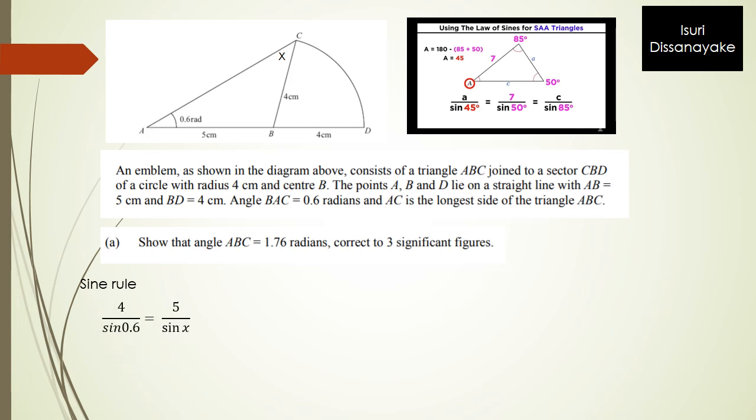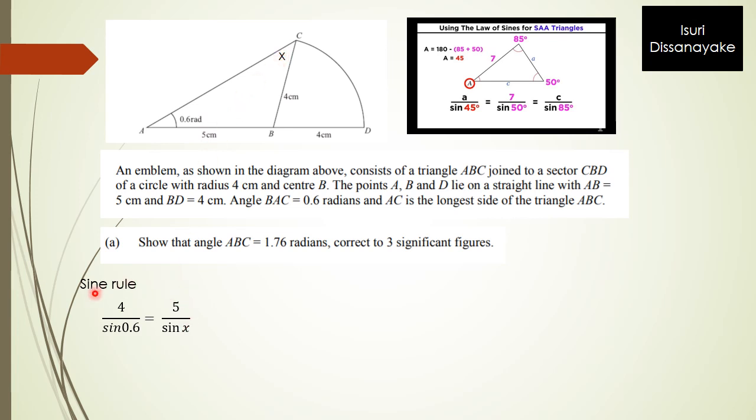So here I use the sine rule. I take sine 0.6 here and I take sine x here. So what I do, 4 divided by sine 0.6, x is the angle over here, so it's 5 divided by sine x.